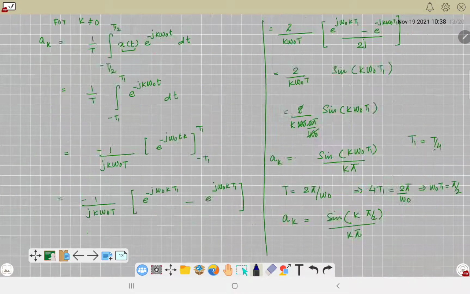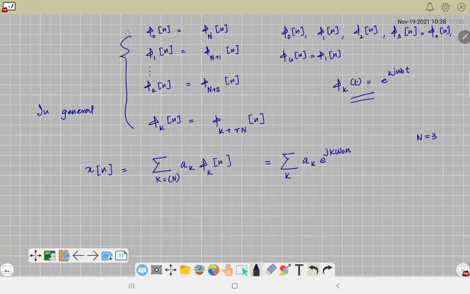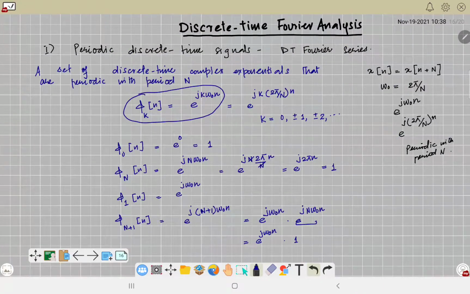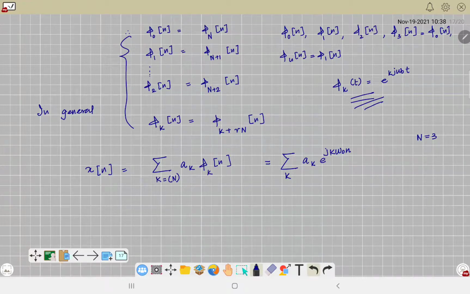The reason is that in the continuous time case the exponentials defined using phi k t were different for different values of k. But since here the exponentials repeat after an interval equal to a multiple of N, the expression of your signal x of n as a linear combination of these exponentials will be over a period of N, the time period.